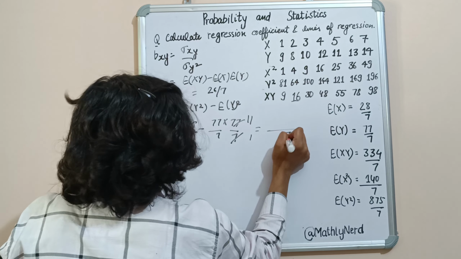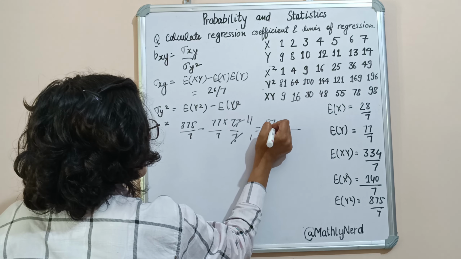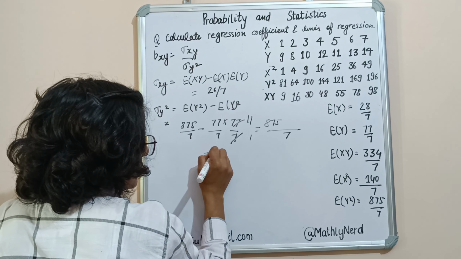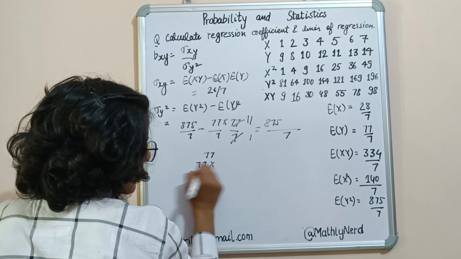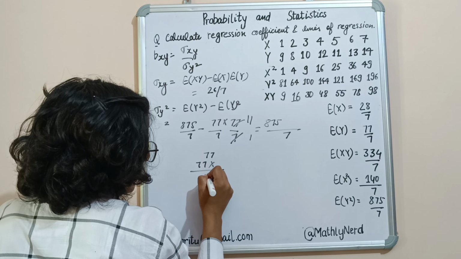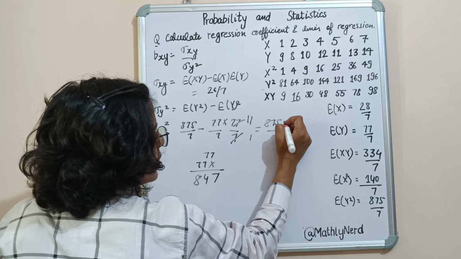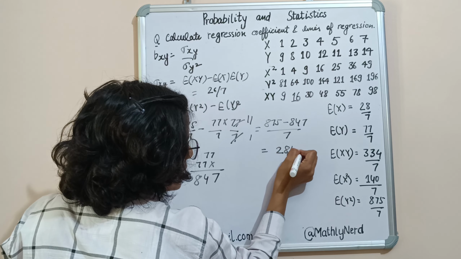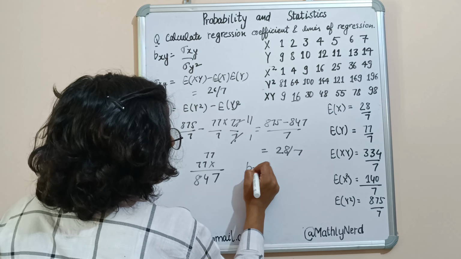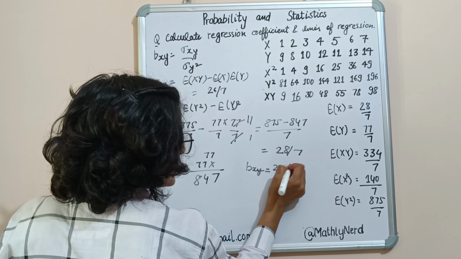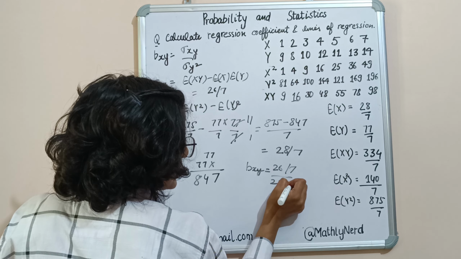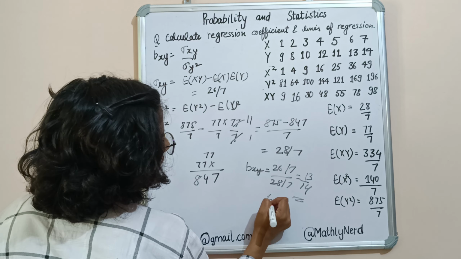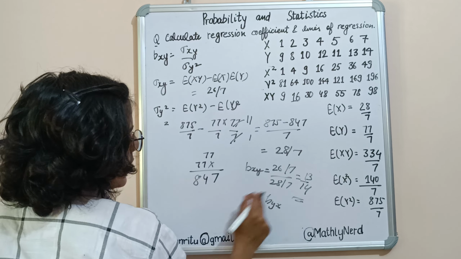Now LCM will be 7. 875 and 77 times 11, 847, and this will be 28 by 7. Now our bxy will be 26 by 7 by 28 by 7, that is 13 by 14, same as our byx that we already calculated.